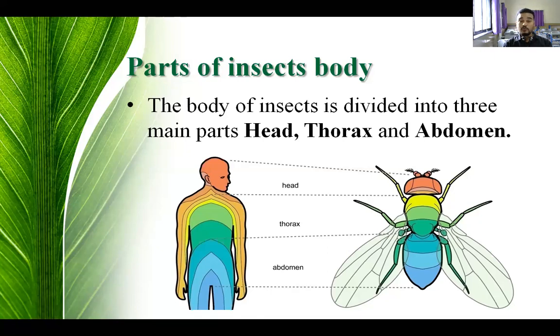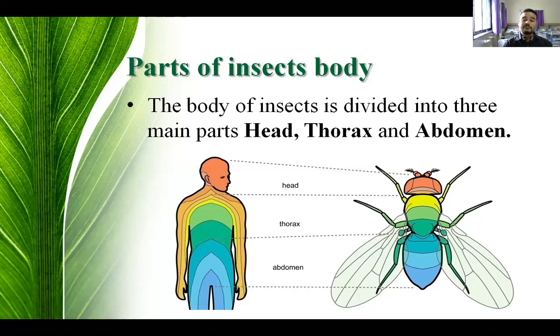And one more very important thing, their body doesn't have a bone. Their body is soft and covered with an outer hard layer, and that layer is called exoskeleton. What is it called? Exoskeleton.